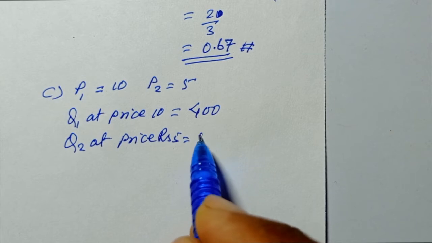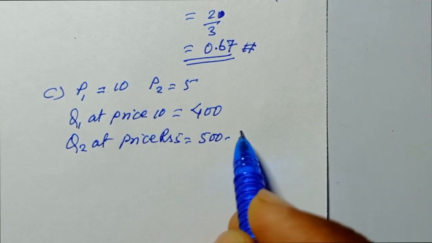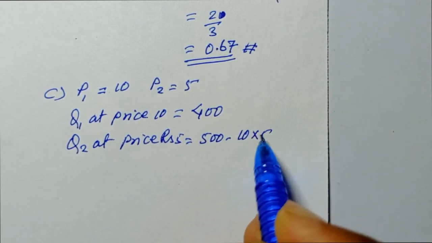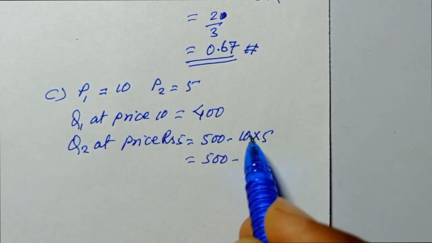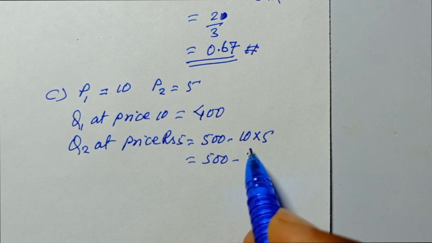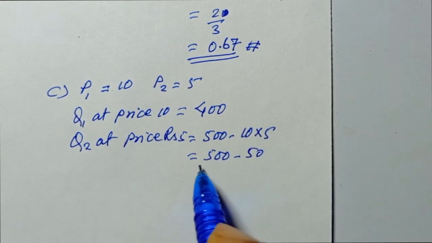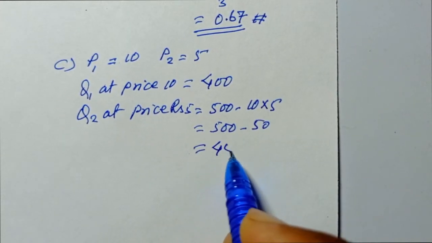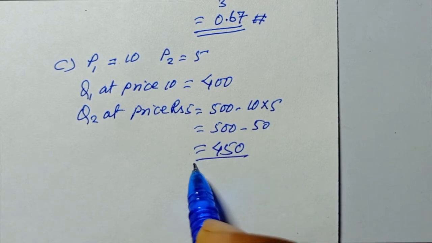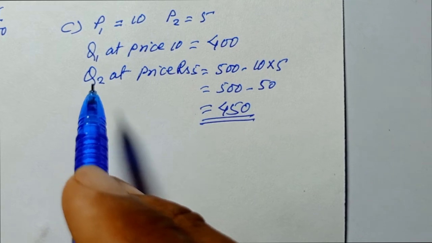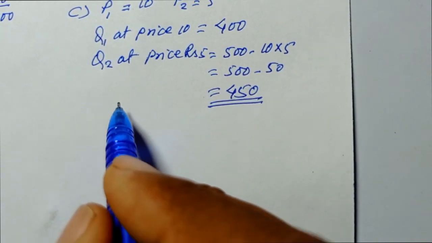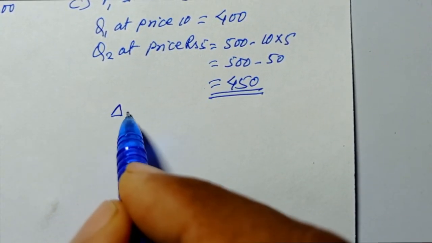Here 500 minus 10 into 5, and this is 500 minus 50, which is equal to 450. This is the new quantity or quantity 2, and you should find out the change in quantity now.